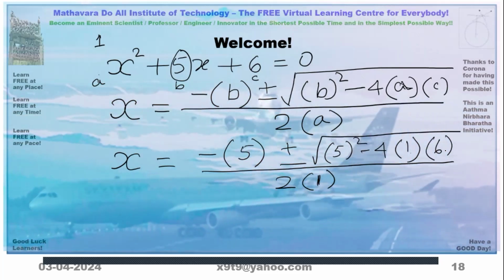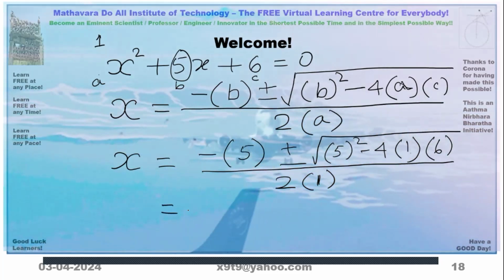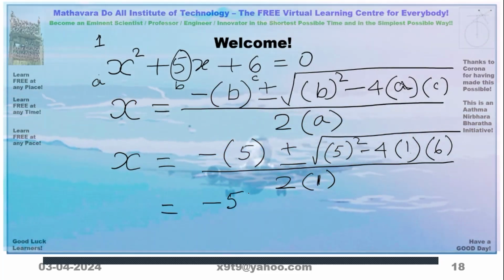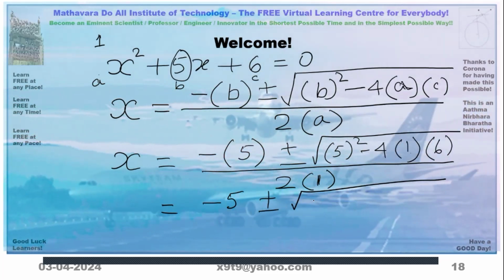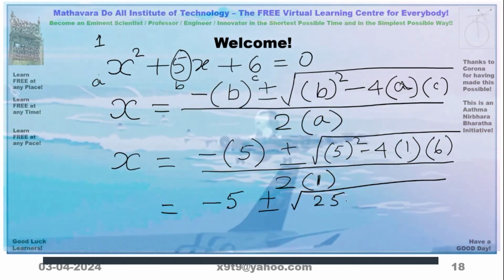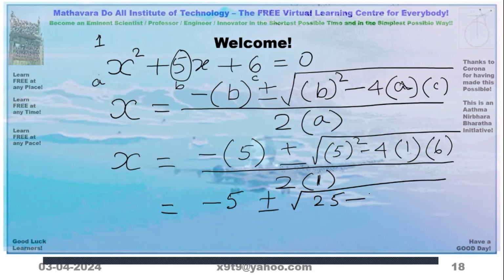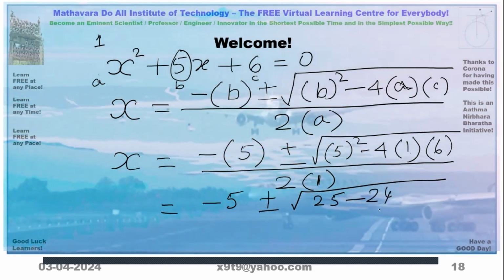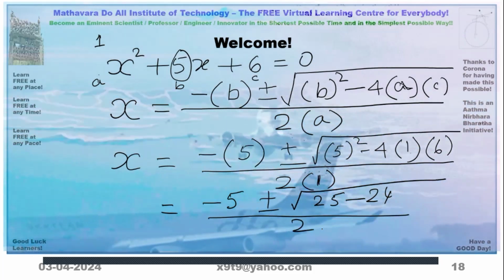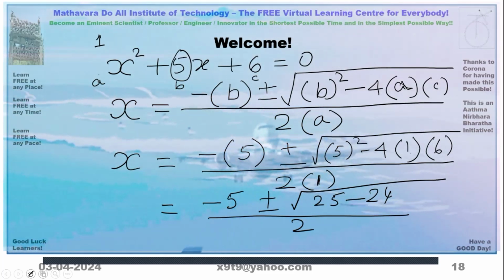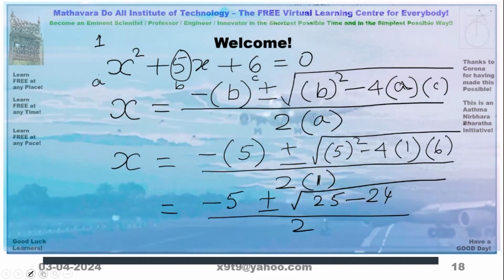So we have to carefully simplify. This will become minus 5 only, plus minus root of 5 square is 25, minus 24, divided by 2 into 1 is 2. Is it clear? Yeah, that's clear.